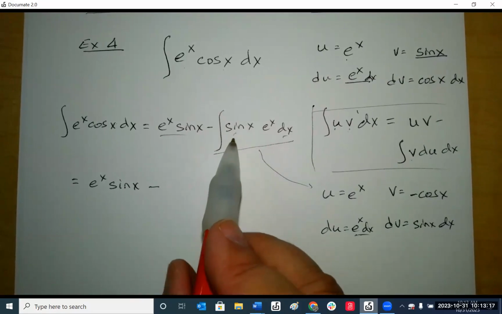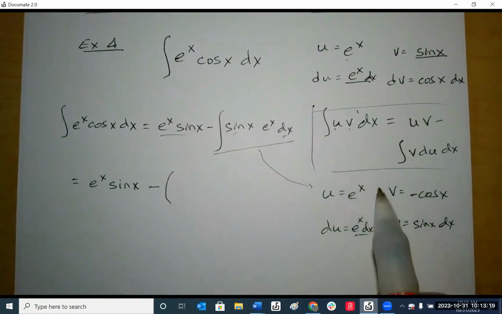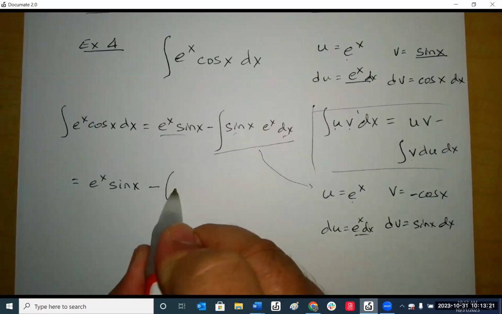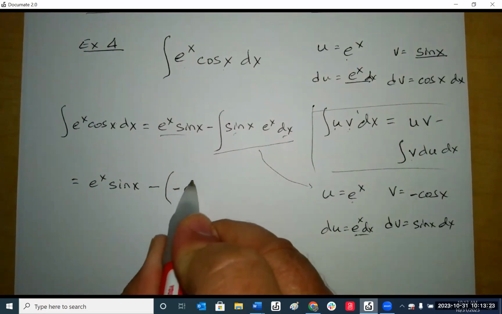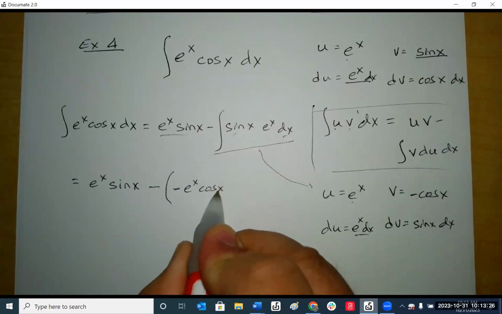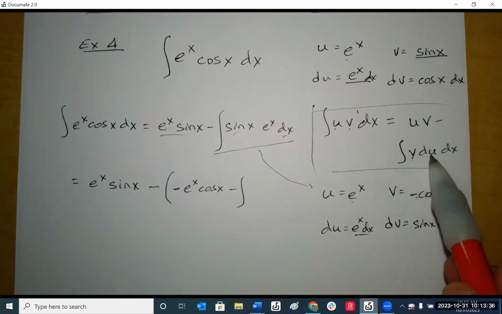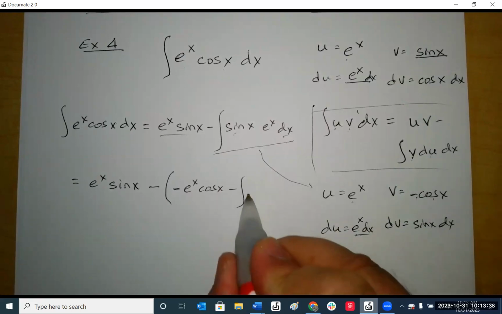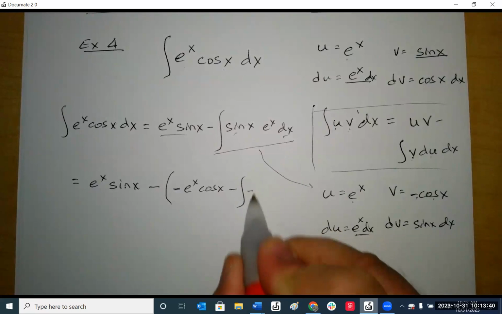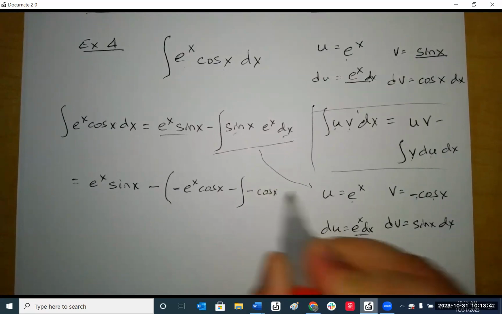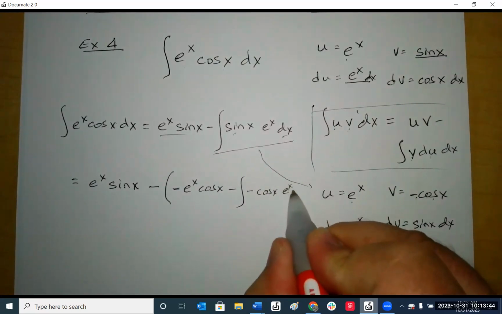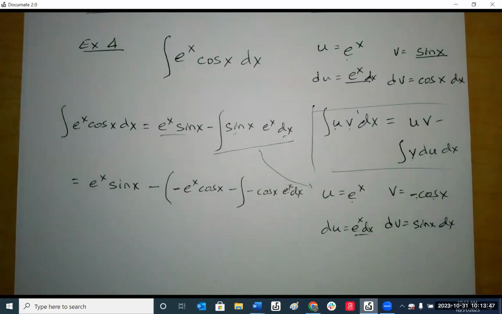So now we have to do the same thing again with that. So we have uv, which is negative e to the power x cosine x, minus the integral of v, which is negative cosine, times u prime, so it's going to be negative cosine x e to the power x dx.